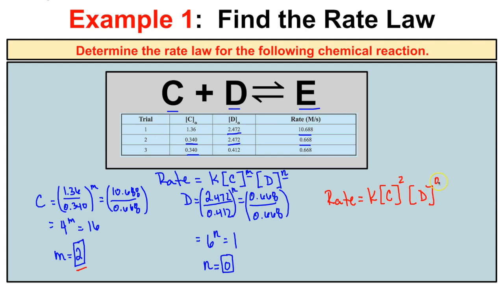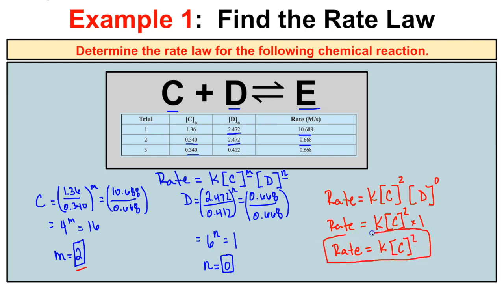And because we know anything to the 0 power is 1, we can simply write this as K times the concentration of C to the second power times 1, in which case we don't even need to write this 1. So the rate law for this chemical reaction is going to be rate equaling K times the concentration of C squared, and this is going to be our final answer. This is our rate law for this chemical reaction right here.